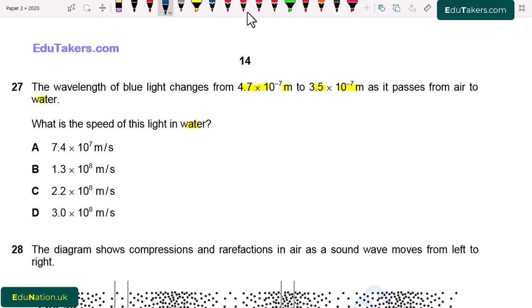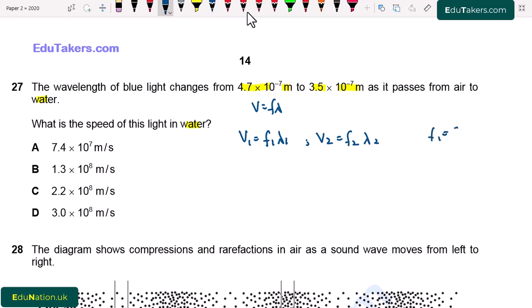In refraction, when the wave or light changes its medium, its frequency remains the same. So I use here the wave equation, v = fλ. I write it for two mediums: v1 = f1 λ1 and v2 = f2 λ2.